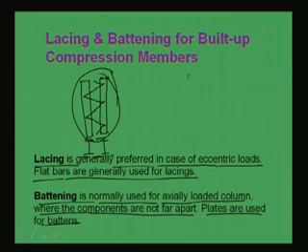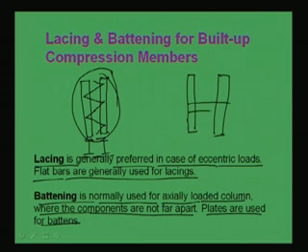So, in case of battening, if two I sections are provided, then we will see that battening is done like this, right. So, here one batten, like this it will go on. This is the batten, some plates we are providing here.